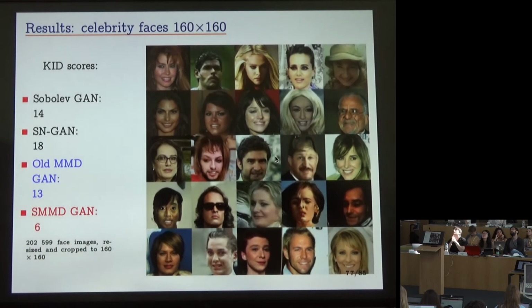So obviously celebrity faces are very important. Bear in mind we used a very crude DCGAN generator for this. If you use a smarter generator network, you're going to get much, much better pictures. Our purpose in these experiments was not to get the best pictures, it was to say, given a generator network, how well could you train it? Even a simple generator network is enough to answer that question, because the common factor across all these experiments is that the generator network is fixed, and I'm changing my critic.